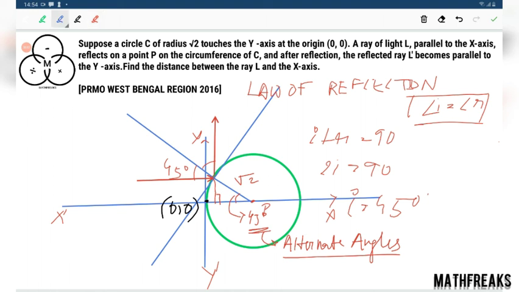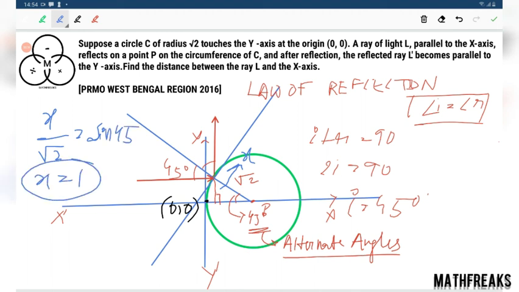So this is the height, this is our variable quantity x. Perpendicular by base equals sine 45, x equals 1. So the distance is 1 unit, and we are over with our discussion.